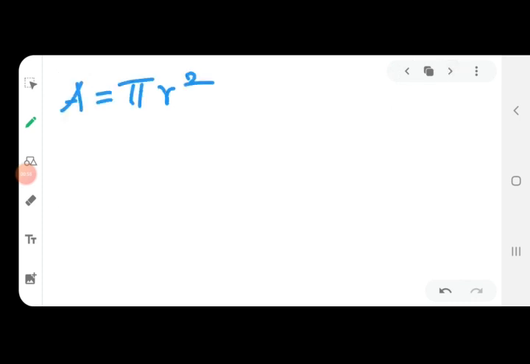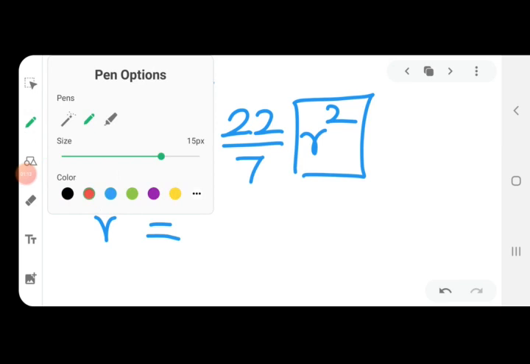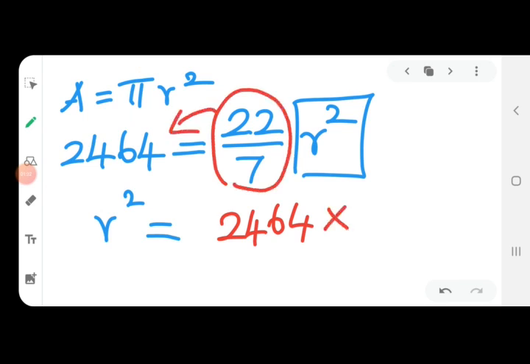Instead of A we substitute 2464, which is equal to pi, that is 22 by 7, times R square. Now we have to find R, so keep R square on this side and take 22 by 7 to that side. 2464 is already here. If 22 by 7 is moved to this side, it will be the reciprocal, so 7 by 22.